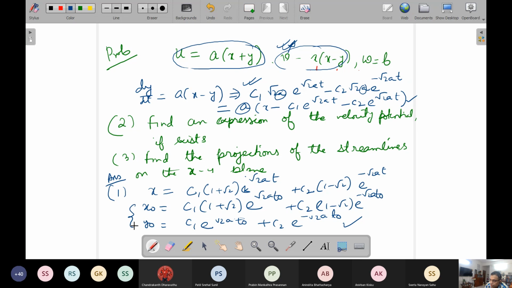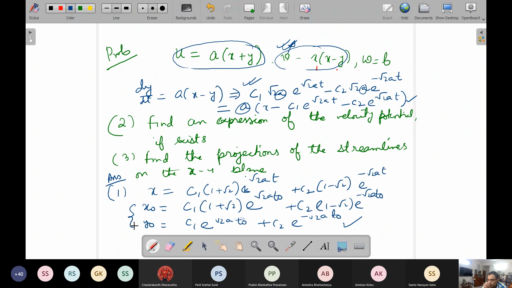This is x0 y0. Okay. So when you have this x0 y0, what you can do is simply find out C1 and C2 from these two equations.